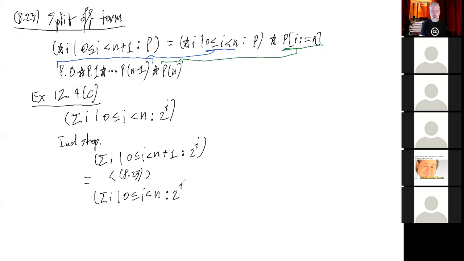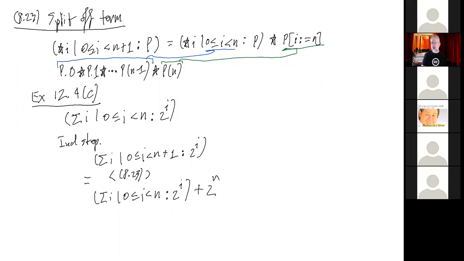Plus, because summation is plus, the body with I equal to n, so we'll have 2 to the n here. So this just follows the theorem really, really cleanly, and everything is nifty and swell.